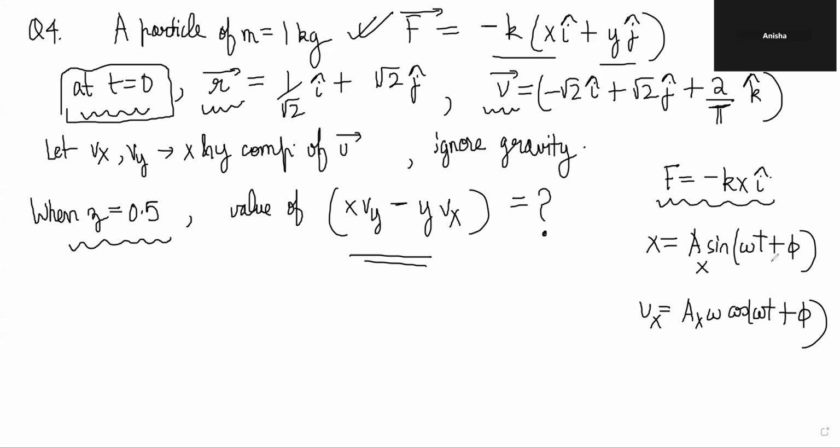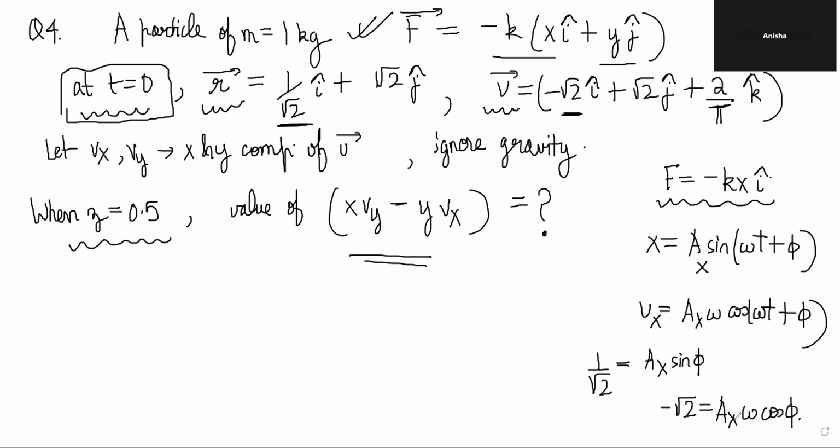At t = 0, the position is 1/√2 and the velocity is -√2. So 1/√2 = Ax sin φ, and -√2 = Ax ω cos φ. Omega can be calculated because k/m is 1, so omega is 1.